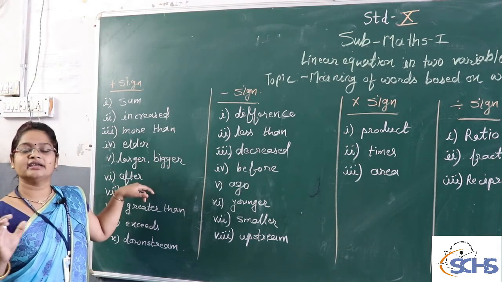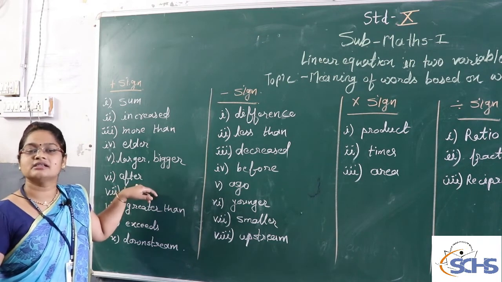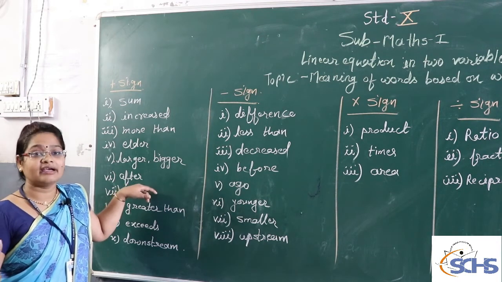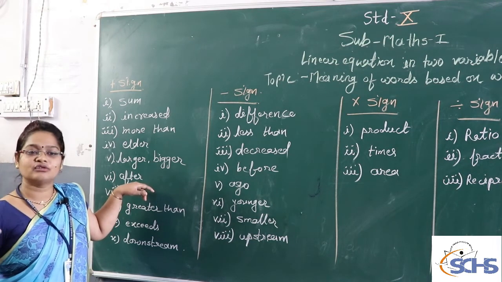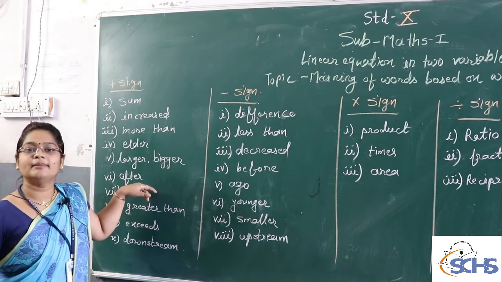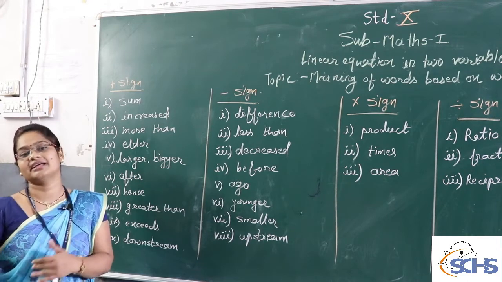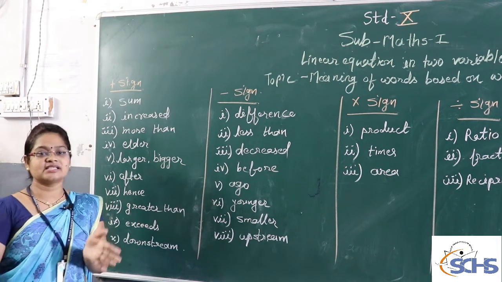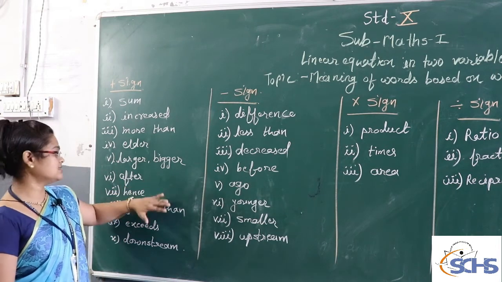If we take the age of the father as x and the age of the son as y, then after 10 years we take x plus 10, and for the age of the son after 10 years we write y plus 10. So when it is given that after 10 years, we say x plus 10 and y plus 10. Here also we are using the plus sign.